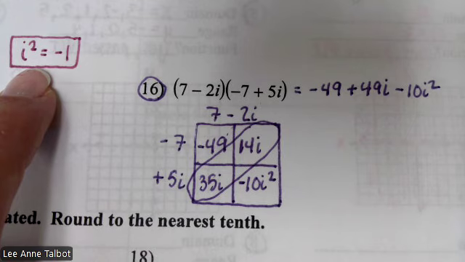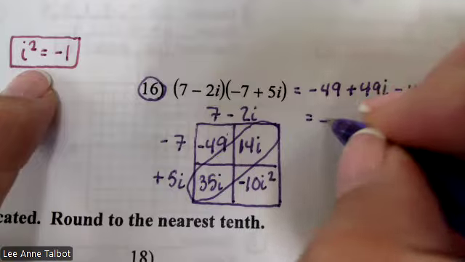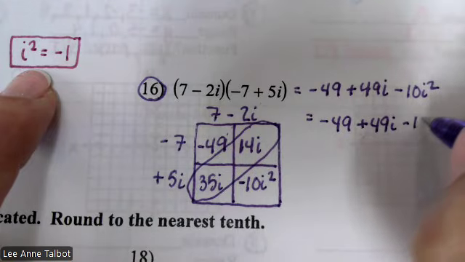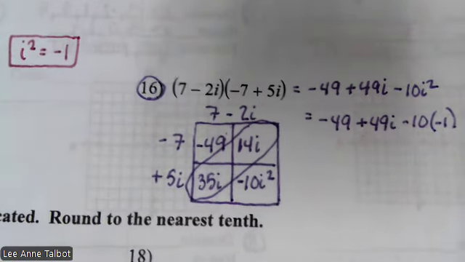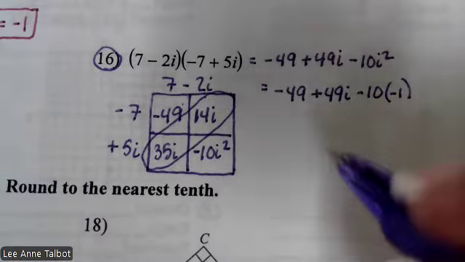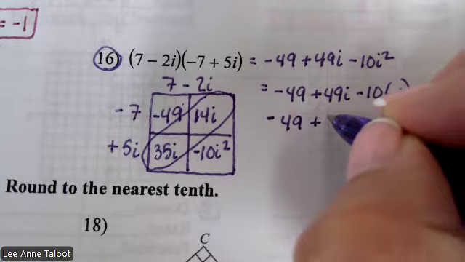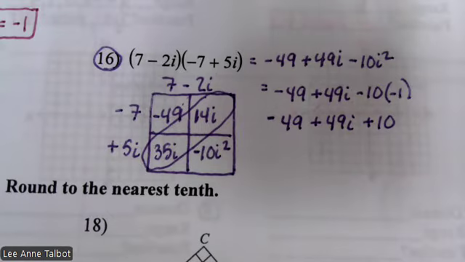So you hunt through your problem to see if you find any i squareds. We have one right there. So you take your i squared and replace it with negative 1. Which makes this plus 10.